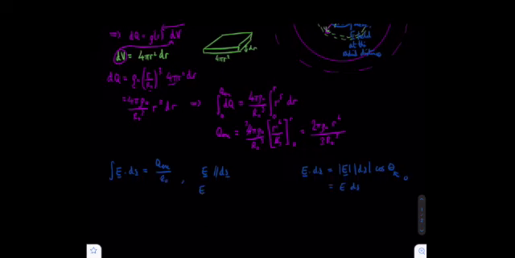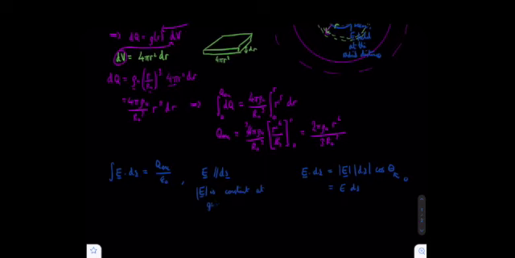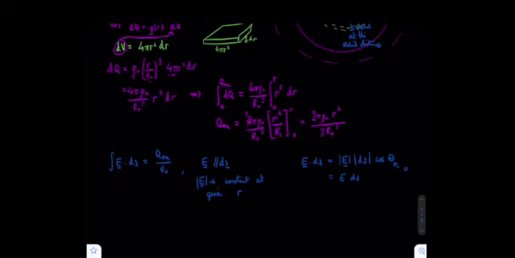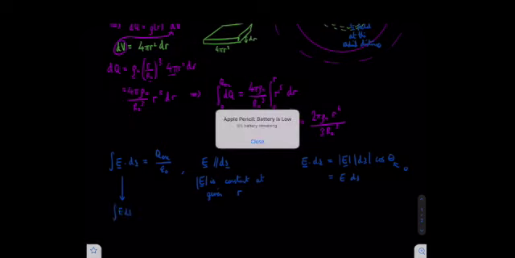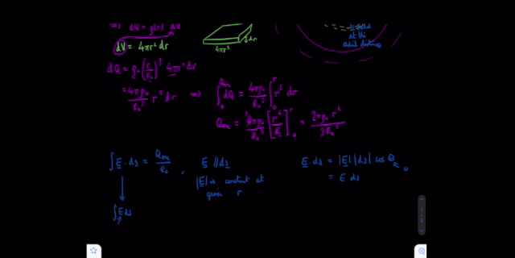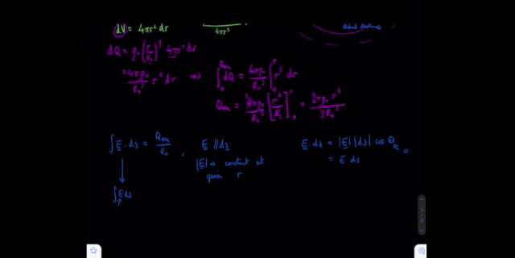So we want to say that the electric field magnitude is constant at given r. Nice. So that means that this can be simplified to integral of E ds, and since E is constant at some given distance r, we can get the constant out, and we get E integral ds. Nice.